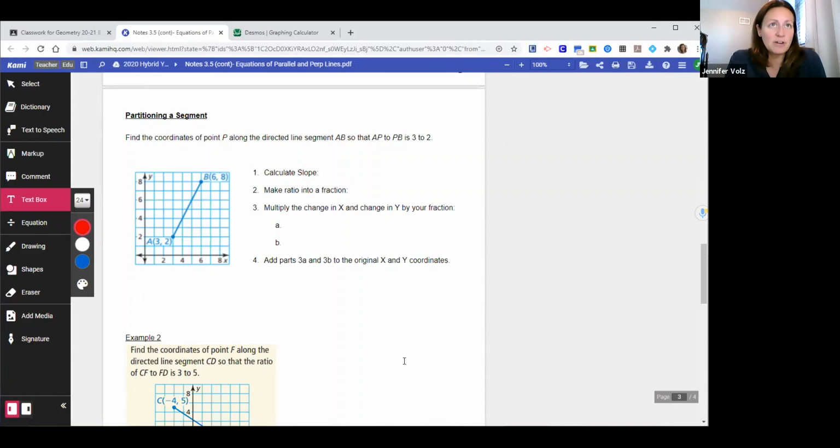I mean, it could work for half and half also, but something beyond just finding the midpoint, okay? Where you want to find the coordinates of a point along this line so that we're going to place point P somewhere so that when you look at AP and PB, you end up with 2 segments that are in a ratio of 3 to 2.